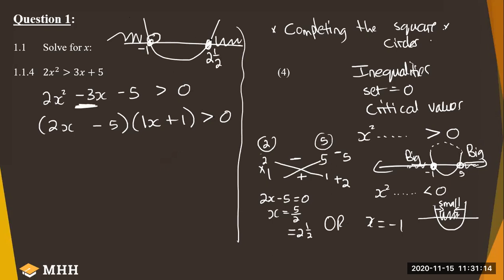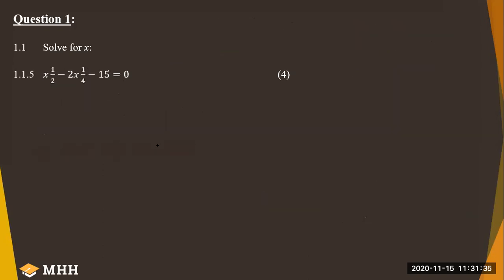It's like an open bracket. So on the outside, what would be the values of x there? It's going to be where x is smaller than -1, and the x values from there to the right side is going to be where x is bigger than 2.5. Next one.